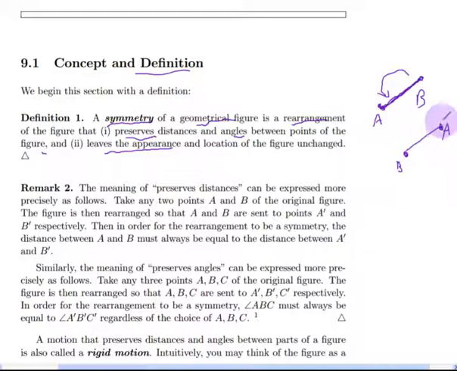Now, if you didn't have the letters labeling the points, these two would look exactly the same. If I took this segment and you left the room and I flipped it and you came back, you couldn't tell I'd done anything. The motion is rigid, so the distance between A and B hasn't changed. It's just that their location has changed.